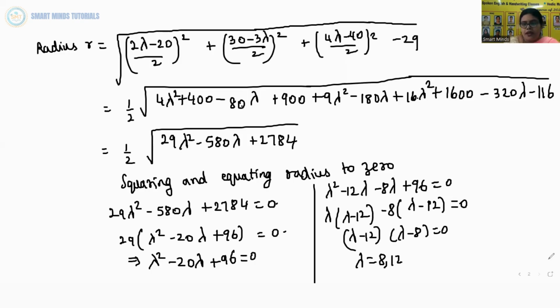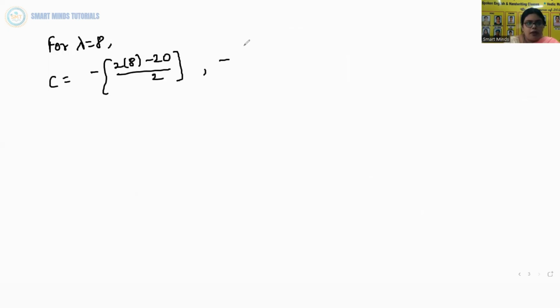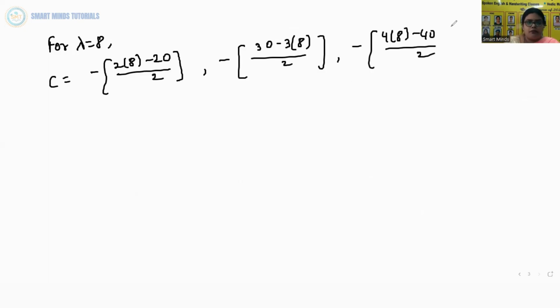Now after finding lambda value, we need to substitute lambda in center. So for lambda equals 8, center is equal to minus of 2 into 8 minus 20 by 2, comma minus of 30 minus 3 into 8 by 2, comma minus of 4 into 8 minus 40 by 2.